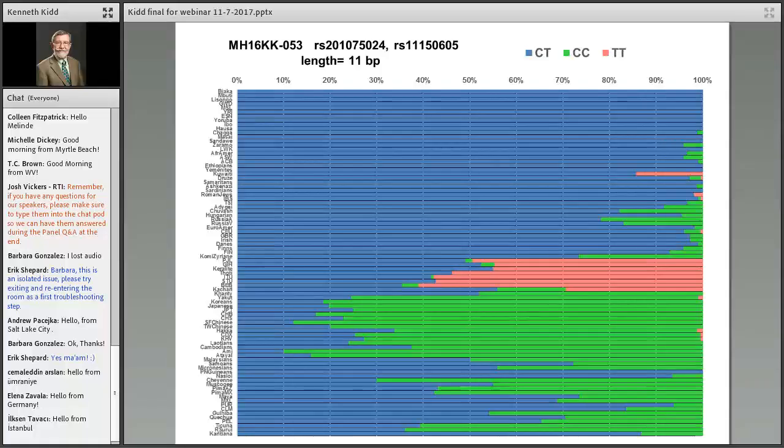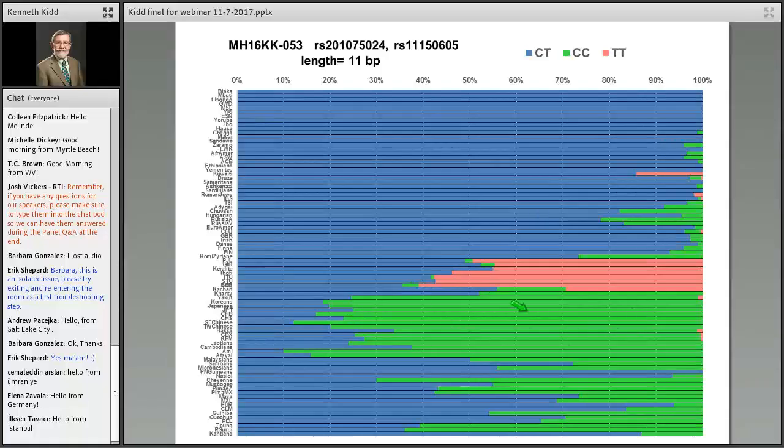And one last one that we're just starting to work on, 2 SNPs, only 11 base pairs apart, and notice that this population up here in Southwest Asia is the Samaritans, and these are all South Asia populations, India and Pakistan.